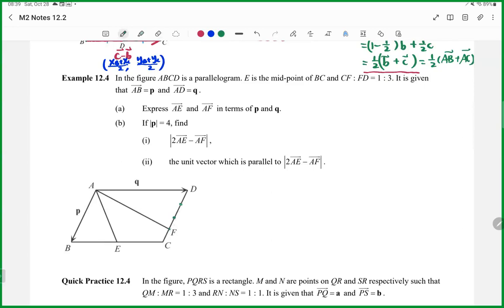One, two, three, like that. There are two base vectors, P and Q. It's already there, so I'll just highlight them. Express AE. Let me write it here.